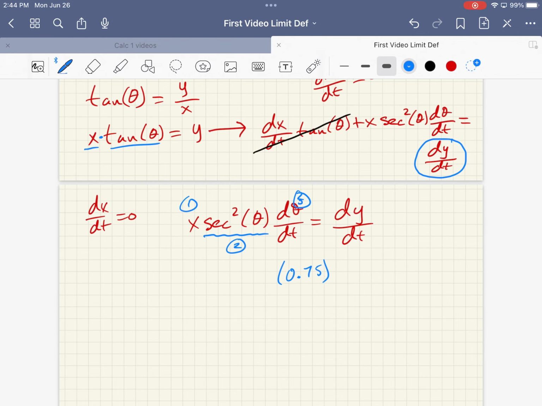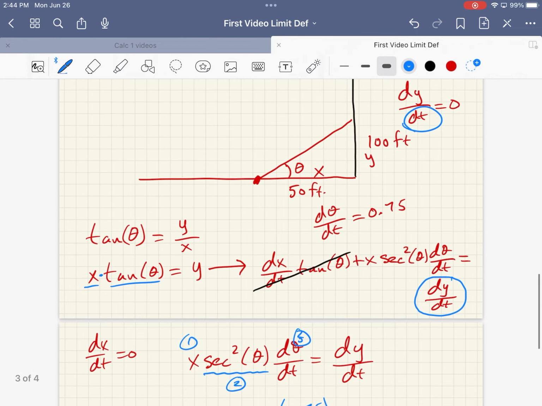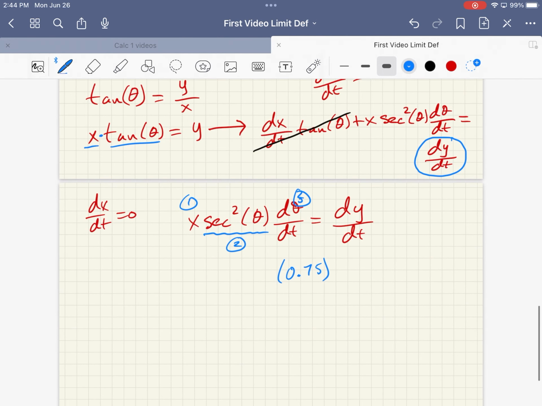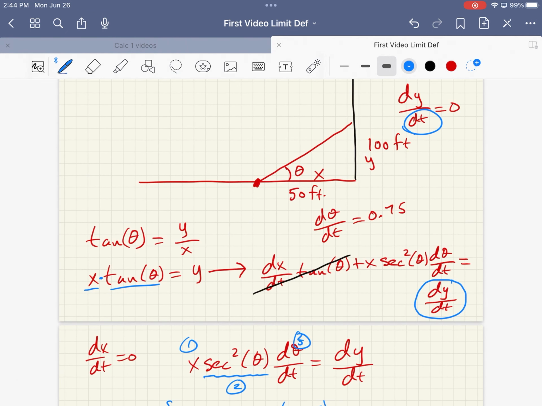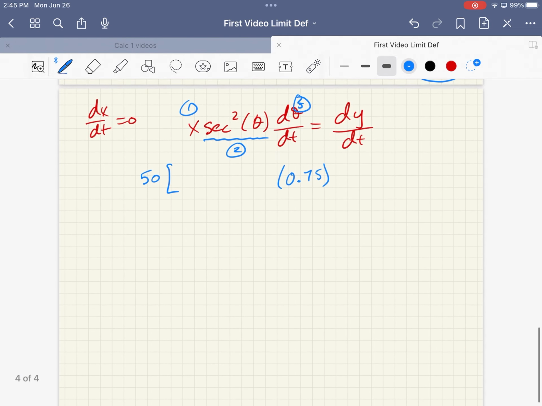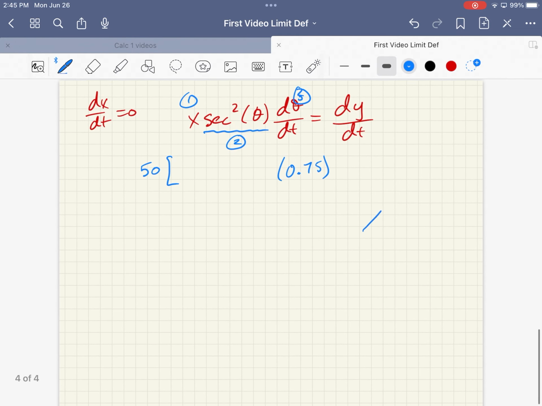So I need to figure out what x is and secant squared. Now I know x is 50. Now I need to figure out what secant is. Secant, in general, is going to be the hypotenuse over the adjacent. So I'm going to go ahead and redraw this triangle.